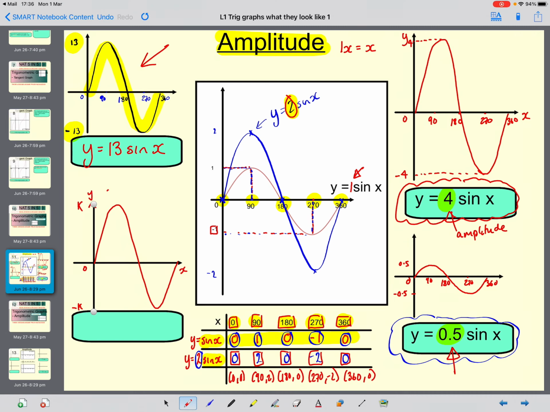And again, it was 0, that was 360, 180, 270, and 90. So what would this be? Don't get confused just because I've put a letter in, I've introduced some algebra here, but it's still got an amplitude of k and -k, so that is going to be the amplitude that you write in front of your sine x. It's still a full sine x curve that has a period of 360. So again, for this one, you're going to write y equals k sine x.